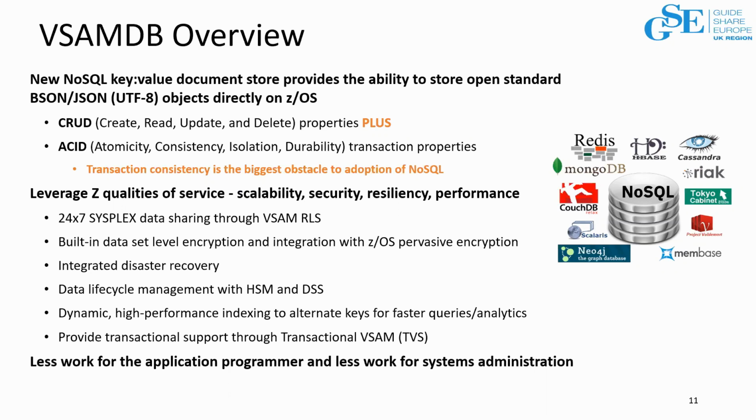The ACID property is where a lot of the databases start to say, okay, I'm not completely ACID. Transaction consistency is probably one of the biggest obstacles to the adoption of NoSQL. Most of the databases today don't provide transactional consistency because of the way they scale. That horizontal scaling and spreading the data across multiple servers makes transactions really difficult.